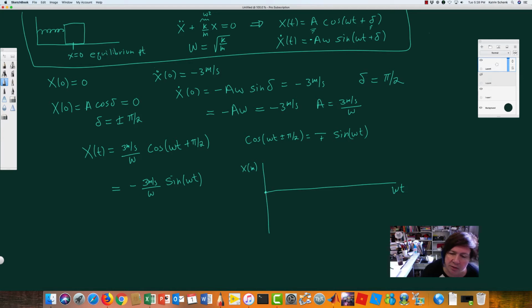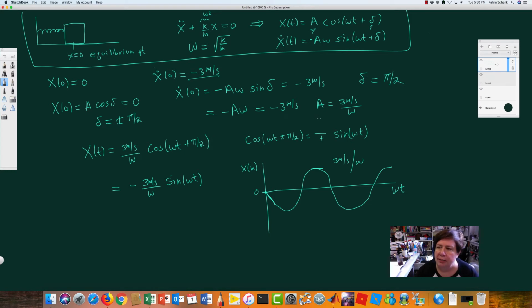So we're going to start going down and then come up and down and then come up again. The amplitude is simply 3 meters per second over omega. But notice here that this is x equals 0, which was what we wanted. But notice that the slope is negative here. We need a negative slope to match our initial velocity.